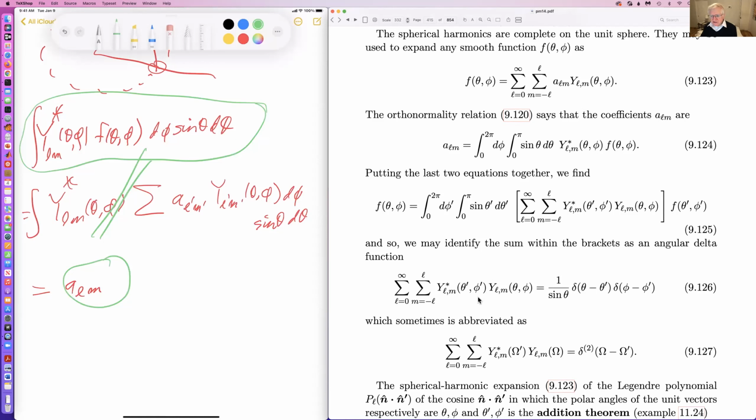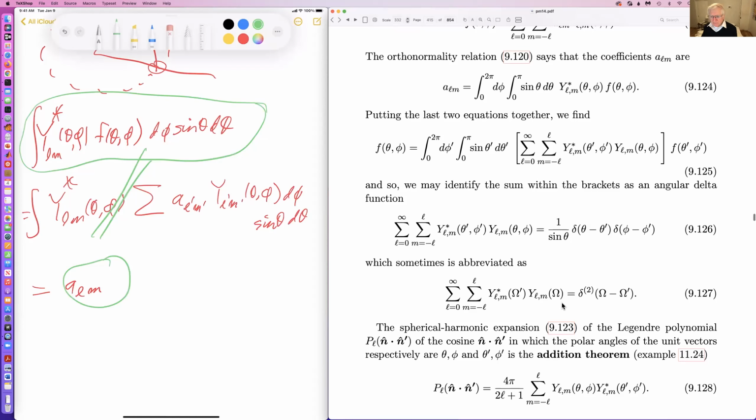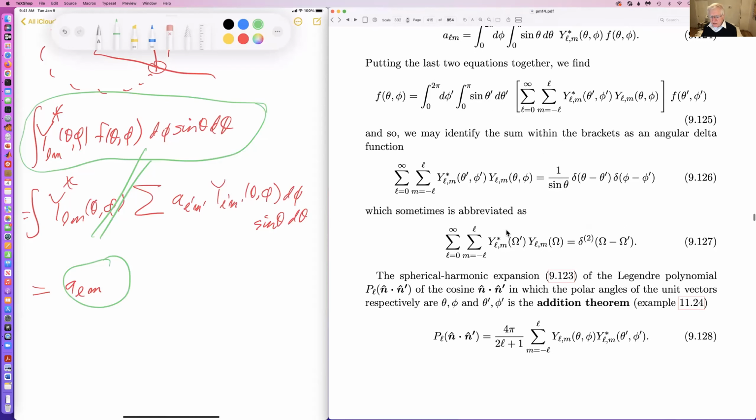And that tells us that the sum over all the spherical harmonics gives you an angular delta function. And there's a 1 over sine theta that has to occur. And this is sometimes written in this way.